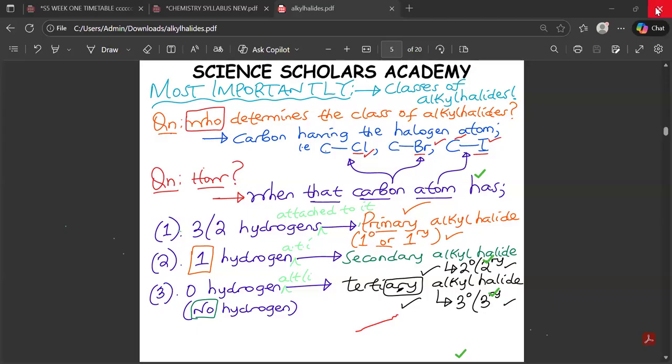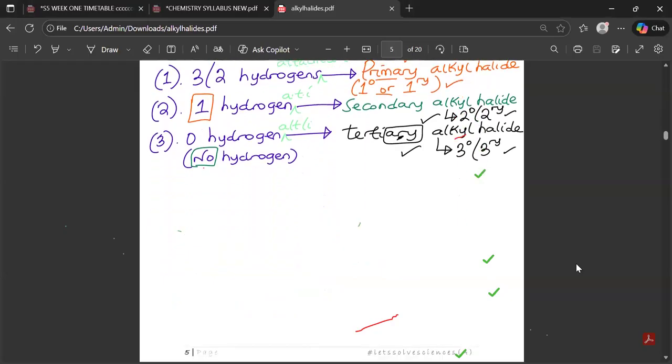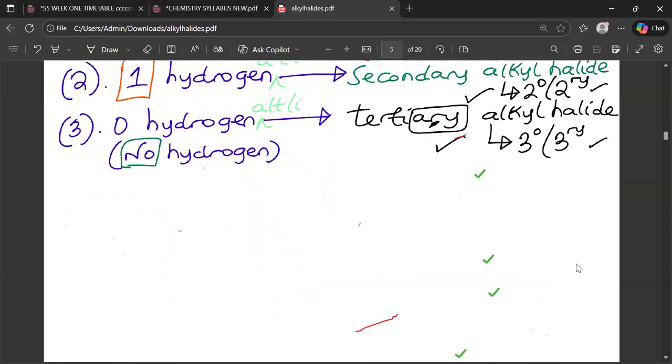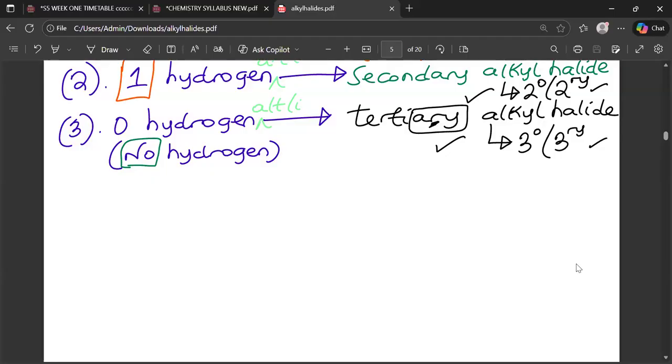Yes, Josam, speak. My question is, initially when the type of class, what I knew is you consider the carbon with the halogen, then its position in the carbon chain. If the halogen is on the second carbon, that's secondary.